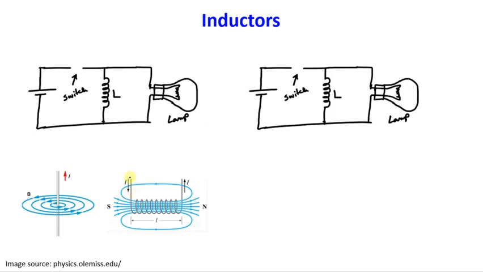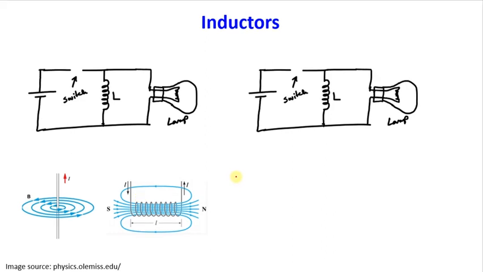And when current varies, the magnetic field changes. Also, from Faraday's law of induction, you know that a change in magnetic flux produces an electromotive force or EMF, which is basically nothing but a voltage. And from Lenz's law, you also know that the voltage developed across this inductor opposes the current that has created the change in magnetic field.